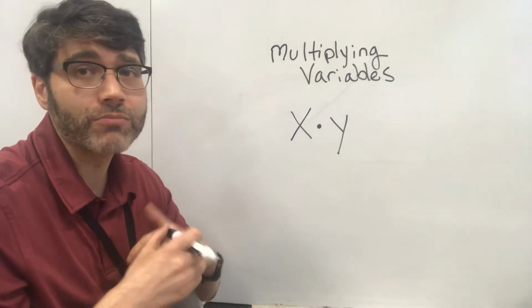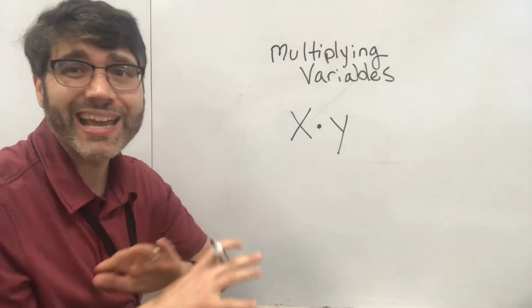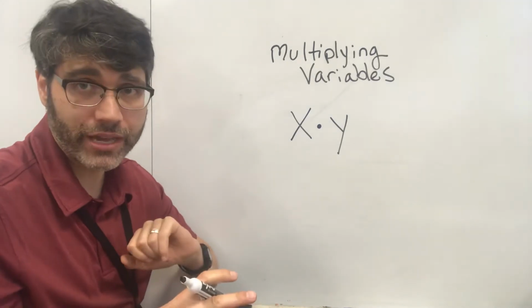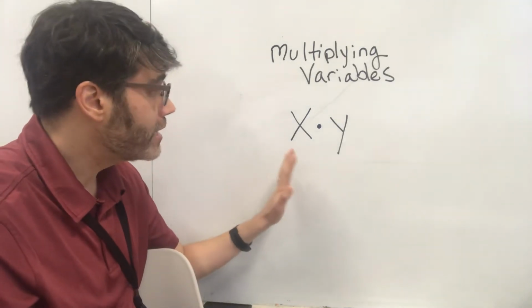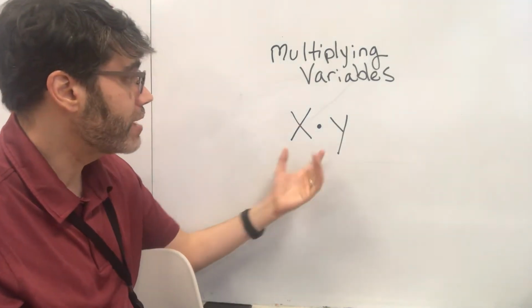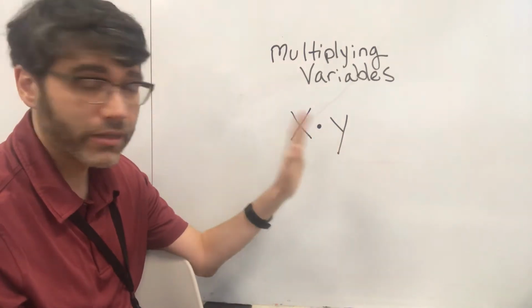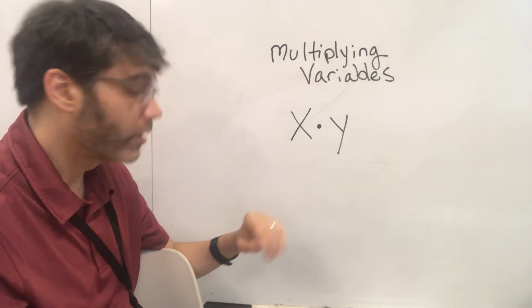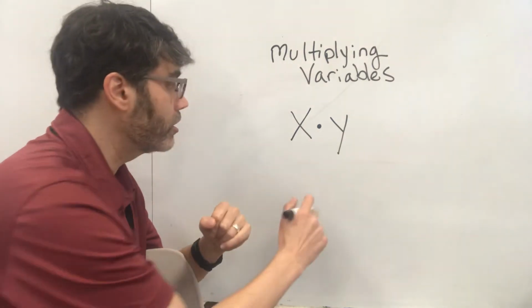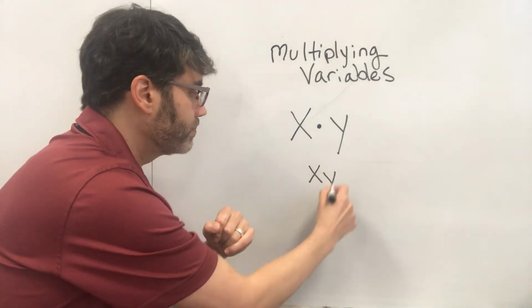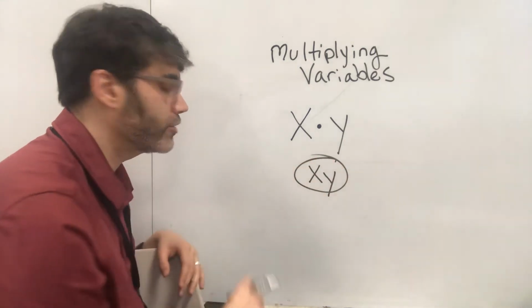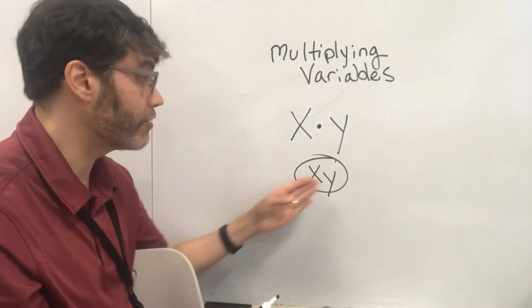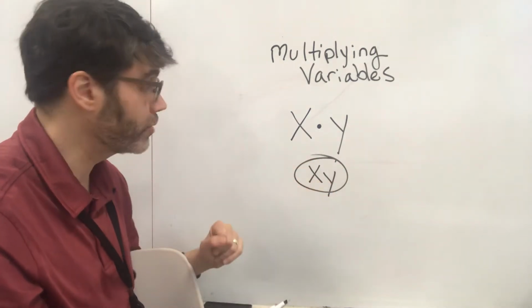So a lot of times there's multiplication going on in problems, and there's not even a dot there. So what we need to do is think of them as just being multiplied against each other, whether or not there's a dot. So x times y, we can call that xy. That's totally fine. We can't go further than that, but that's as far as we can go, and that's totally fine.